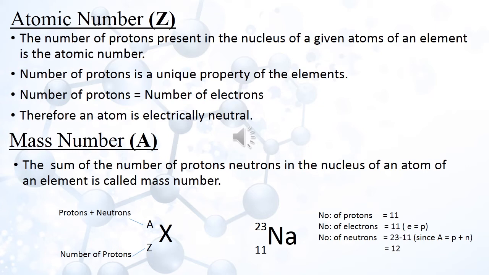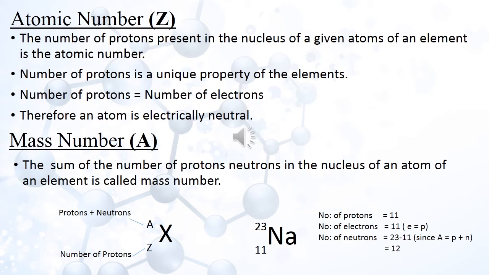So the number of protons present in the nucleus we take as the atomic number. The number of protons is a unique property of the element. That means it changes from element to element. But it is the same for the same kind of atoms in the same element.